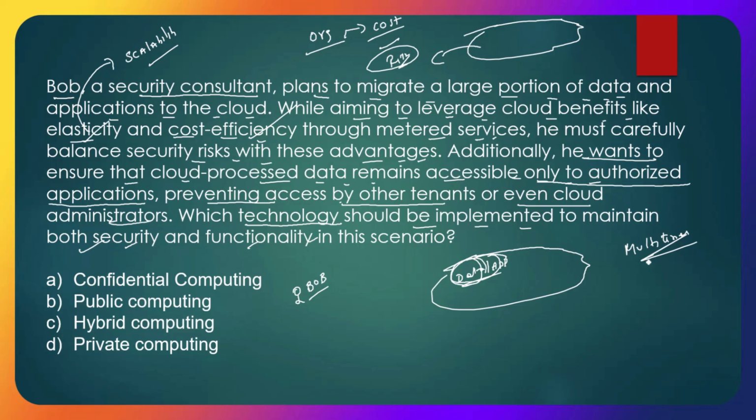But they have to use some technology to make sure that even if this data is processed in the public cloud in a multi-tenant environment, this data should be accessed only by the authorized applications. Other tenants should not have access to the data. Even the cloud admin should not have access to the data. Which technology can we implement to achieve this?